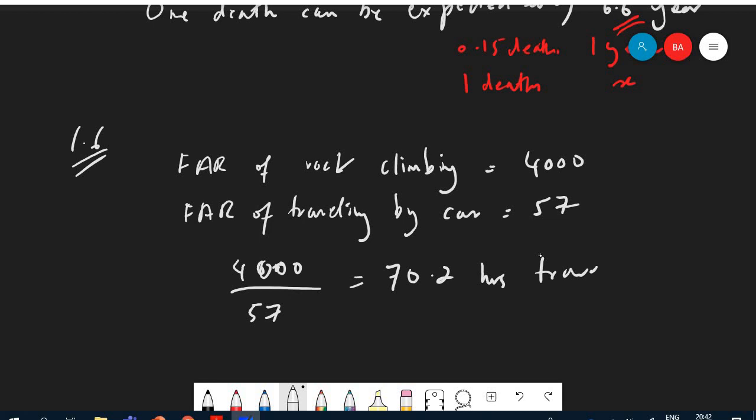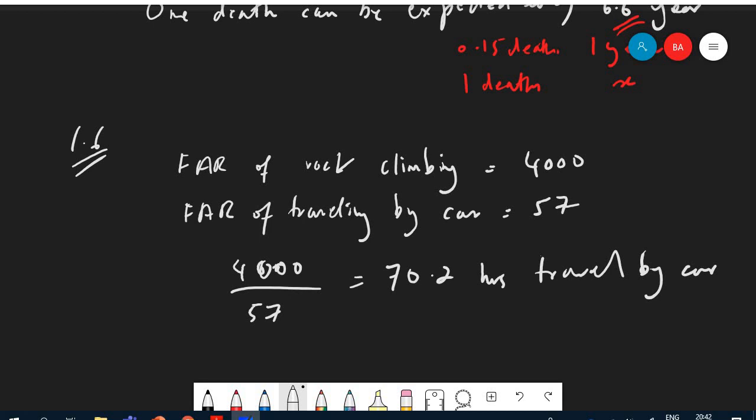You travel 70.2 hours by car. If you think of how much you travel, you travel like 1 hour per day, so that is like 70 days. Within 70 days, it is equal to our rock climbing that you do once or twice every year, right? So that 70 days out of 360 days is about 1/5, or 20%.